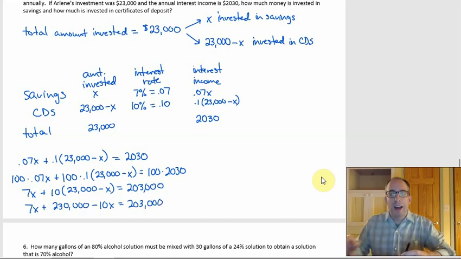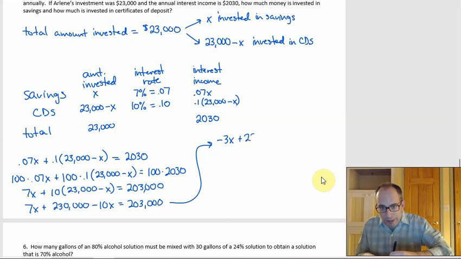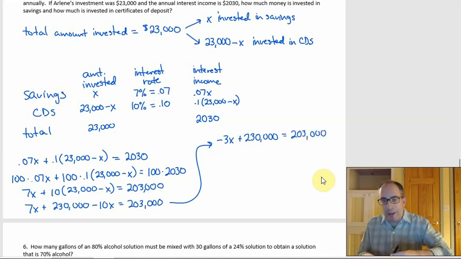But this isn't too bad, I guess, except for the fact that there are some giant numbers. So let's see here. I can combine terms a little bit from the 7x and the minus 10x and say that's minus 3x plus 230,000 equals 203,000. And the next step would be that you would subtract 230,000 from both sides.